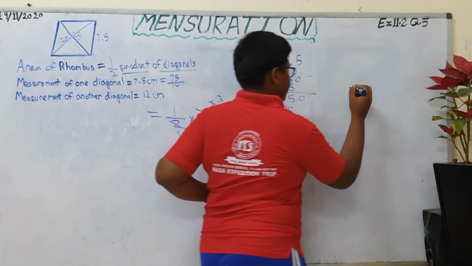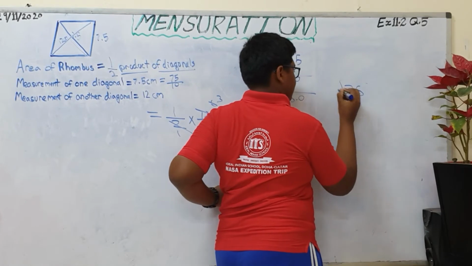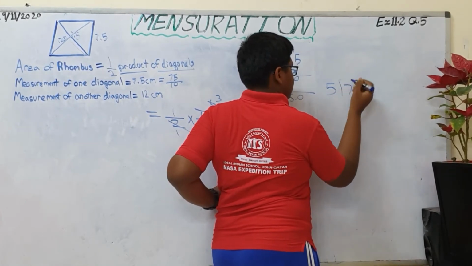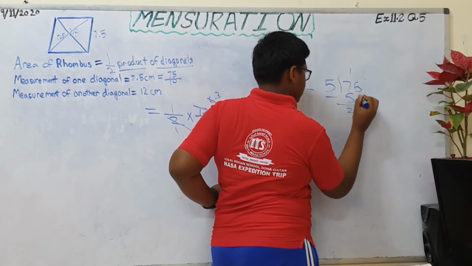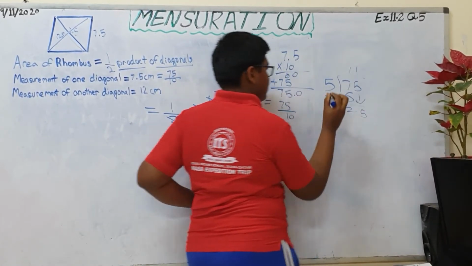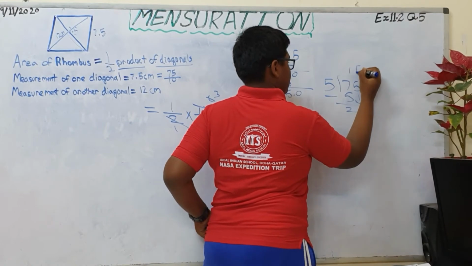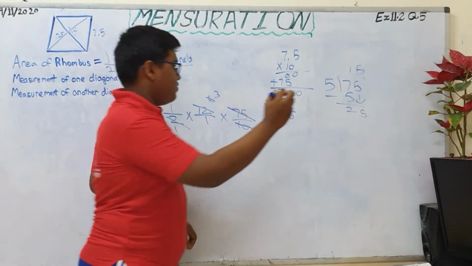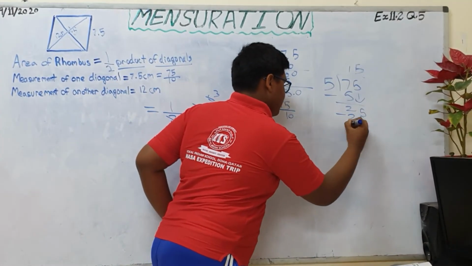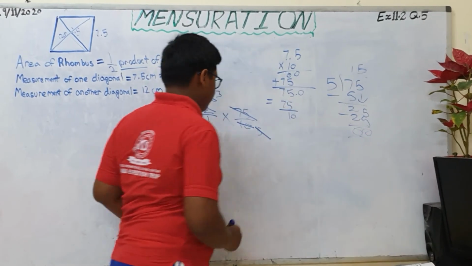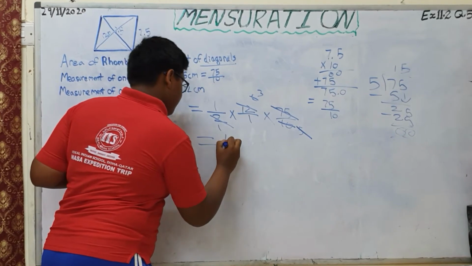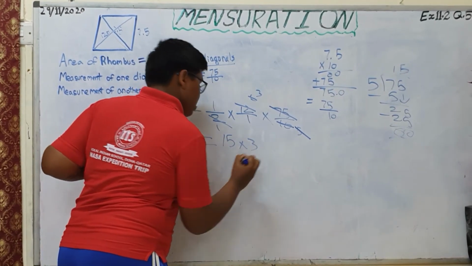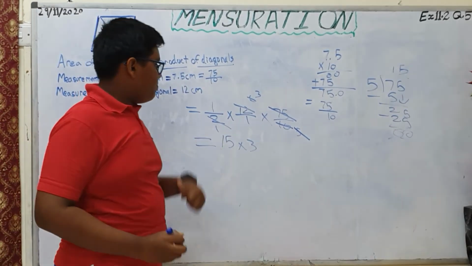Now let's divide 75 by 5. We get the answer 15. So what we have got is 15 into 3. Now we have to multiply them.